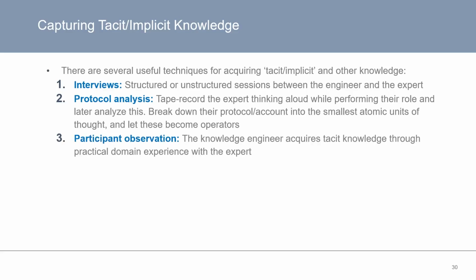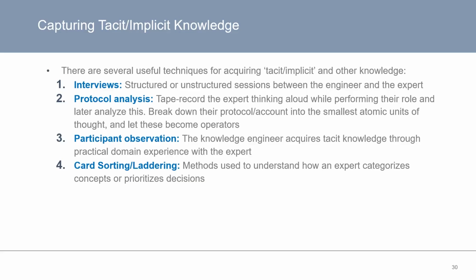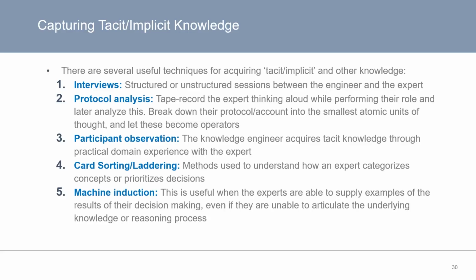Another strategy is participant observation, where the knowledge engineer acquires tacit knowledge through practical domain experience with the expert. Or card sorting or laddering, which are methods used to understand how an expert categorizes concepts or prioritizes decisions. And machine induction, which can be useful when the experts are able to supply examples of results in their decision-making, even if they're unable to articulate the underlying knowledge or reasoning process.